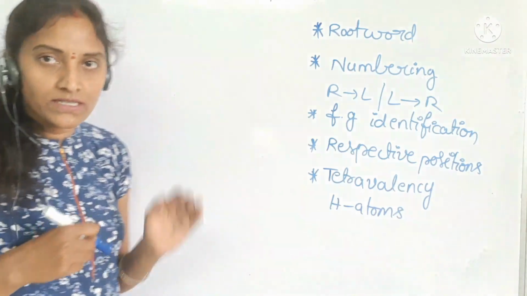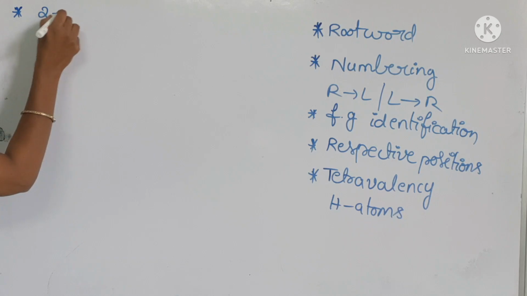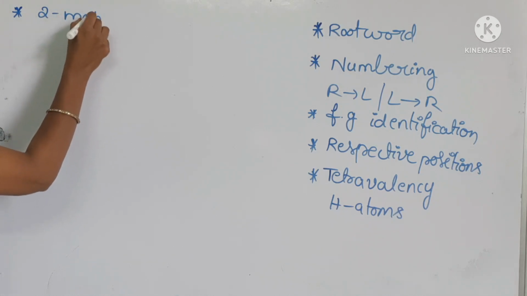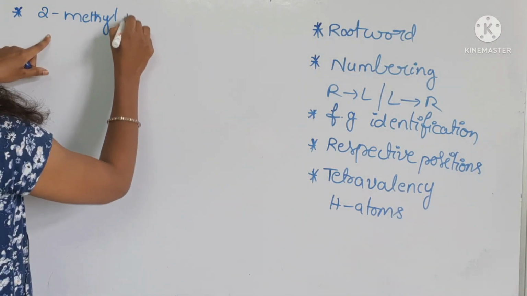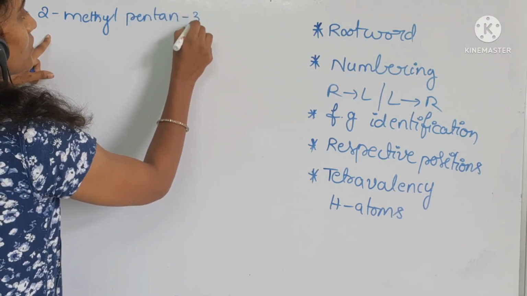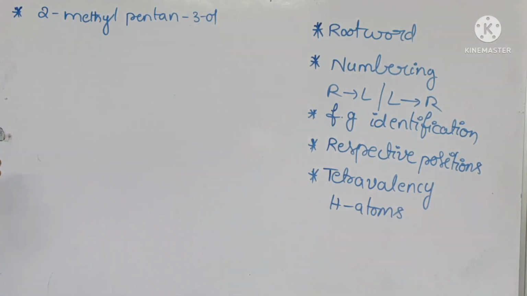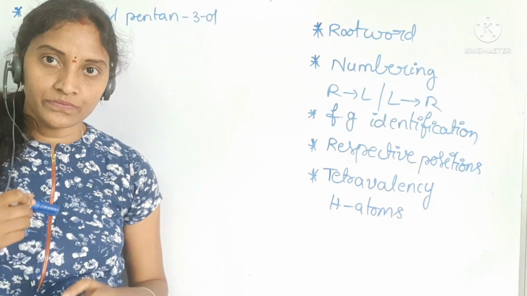Then you can see some examples now. The first example is 2-methyl pentan-3-ol. See, this is an organic compound's name.